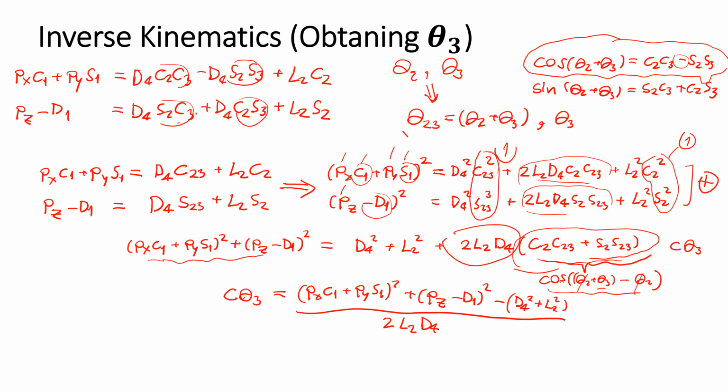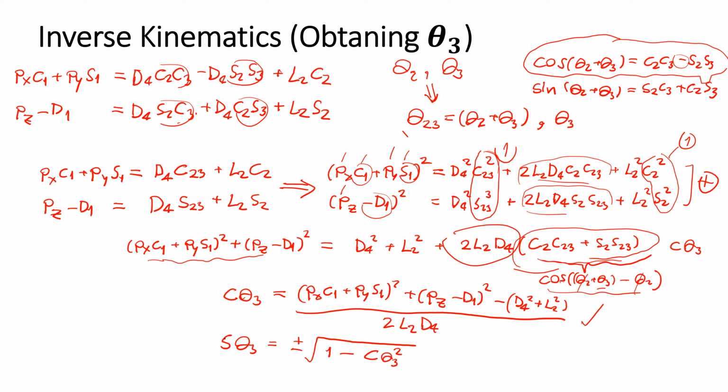Luckily, we know that sine should be equal to square root, but if we have one cosine, we know that cosine of theta 3, we have the closed form solution for the cosine of theta 3.